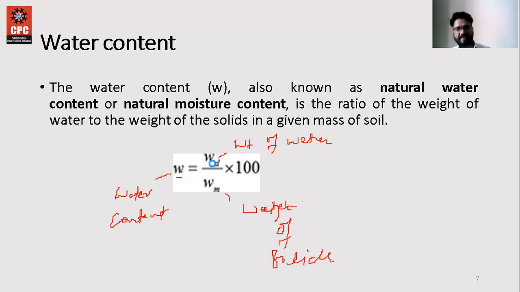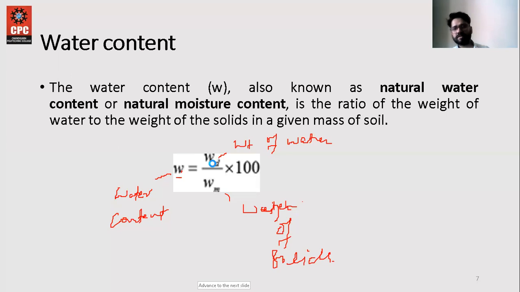After taking the weight of that soil sample, we put the sample in an oven. Then we take the weight of the oven-dried sample. By deducting the dry weight from the original weight, you can calculate the weight of moisture, and hence the moisture content.